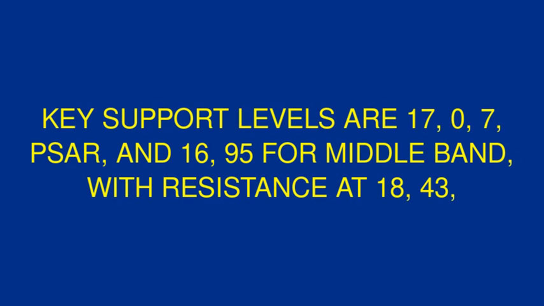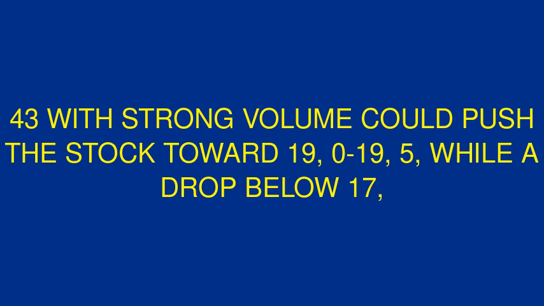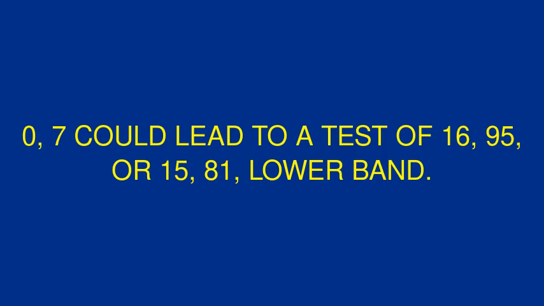Key support levels are 17.07 PSAR and 16.95 for the middle band, with resistance at 18.43, the recent high, and potentially 19.0 if the uptrend continues. A break above 18.43 with strong volume could push the stock toward 19.0-19.5, while a drop below 17.07 could lead to a test of 16.95 or the 15.81 lower band.